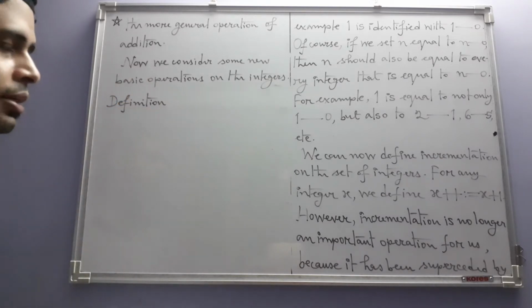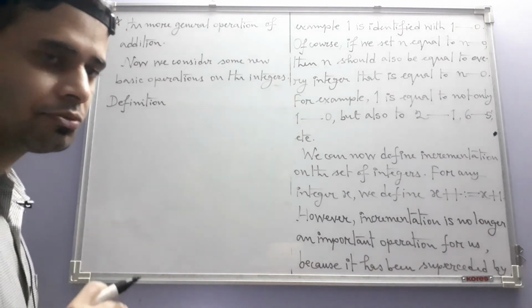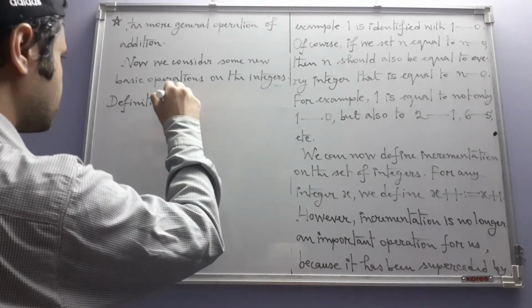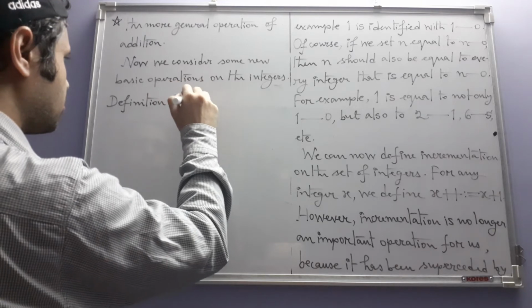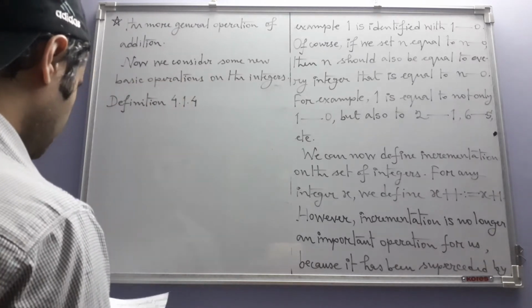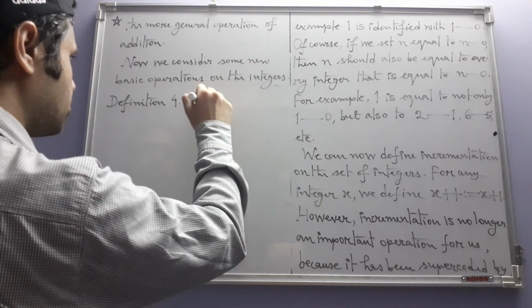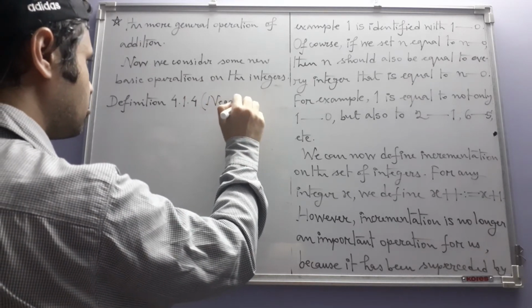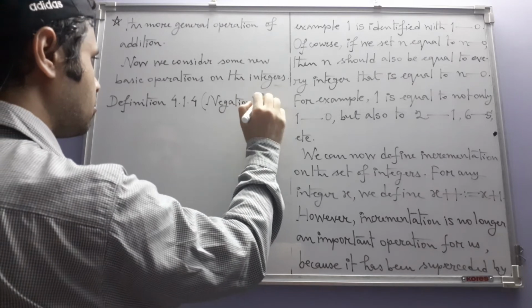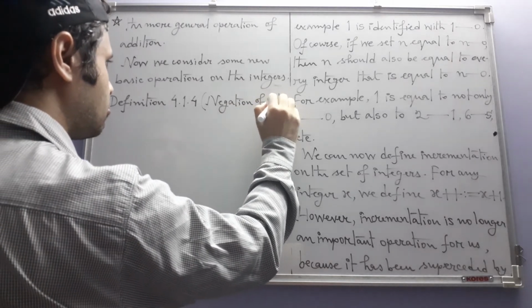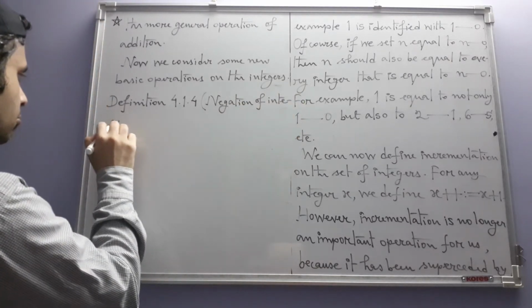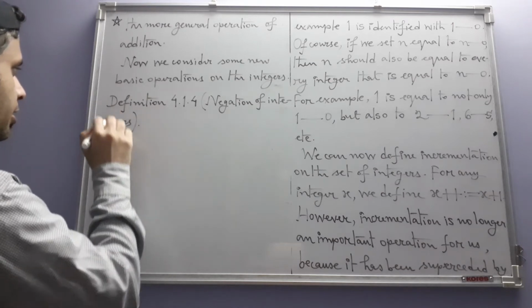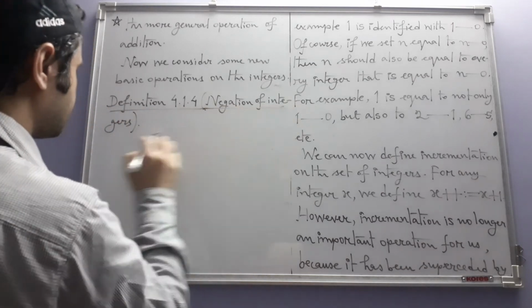Its counterpart is not available in the system of natural numbers. This is definition 4.1.4. Negation of integers.